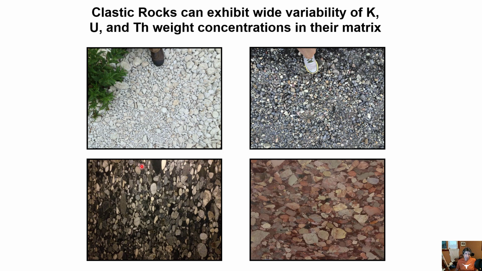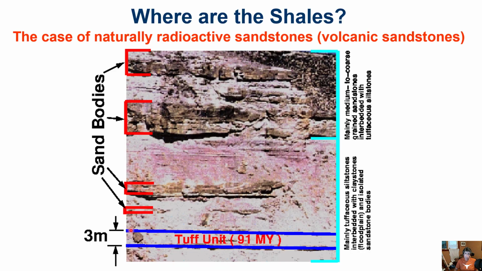Or as an example on this rock at the lower left corner, where the composition includes high concentration of shale in the grains, and naturally the gamma ray values will be very high, but still the rock is permeable, it has good porosity, and it has good permeability. Another example that I often use to show this is an outcrop in San Jorge Basin in Argentina, in the south of Argentina.